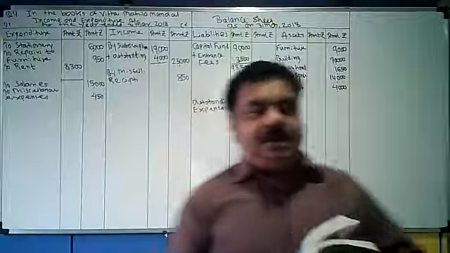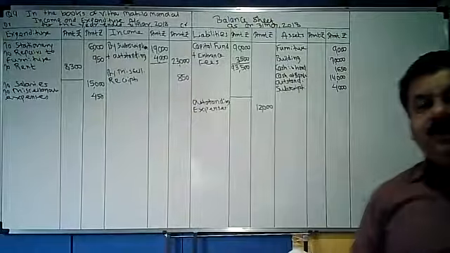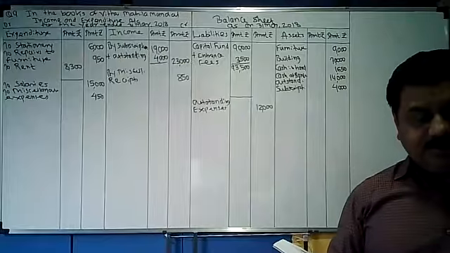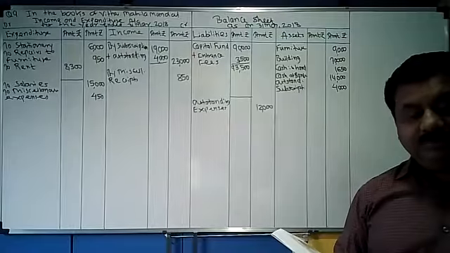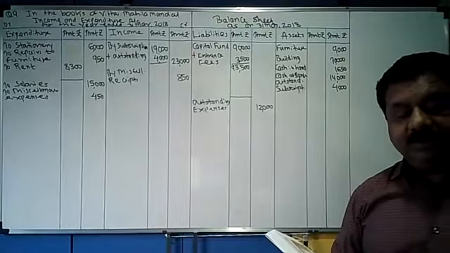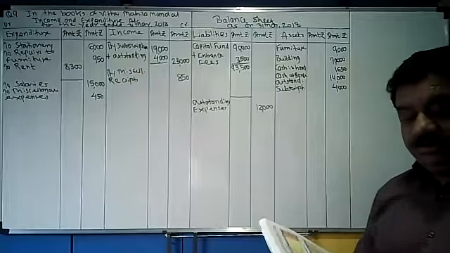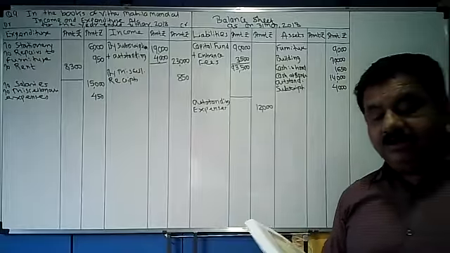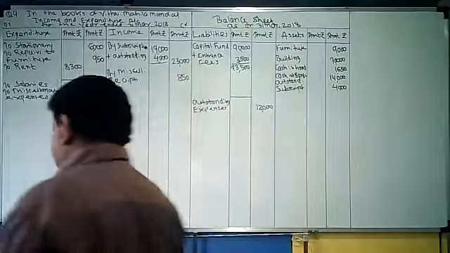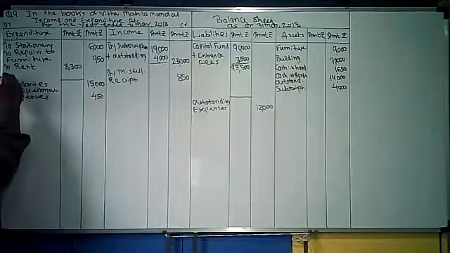Then rent is paid for April 2018. That means rent is paid in advance for next month. Next month's rent has been paid already, April 18, because our year ending is 31st March. So actually that 800 is a prepaid, minus from rent.